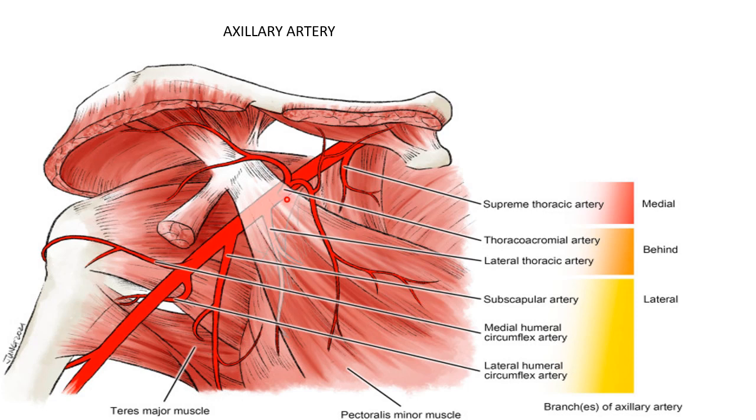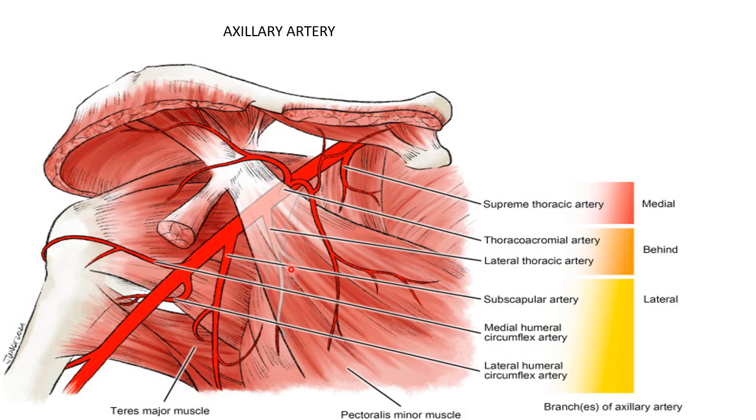So it gives off the thoracoacromial artery, which is this part, and this thoracoacromial artery pierces the clavipectoral fascia to give off four branches, which are the acromial branch, the pectoral branch, the clavicular branch, and the deltoid branch. So this is the thoracoacromial artery. Then the second part also gives off another branch, which is the laterothoracic artery, which is this part here.